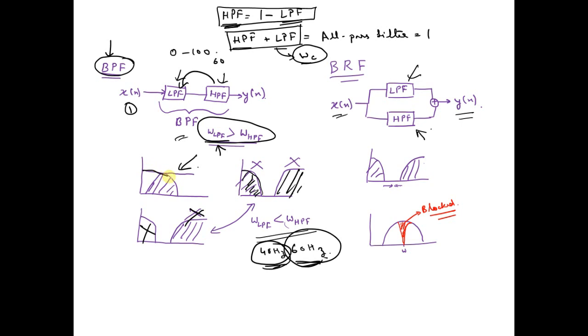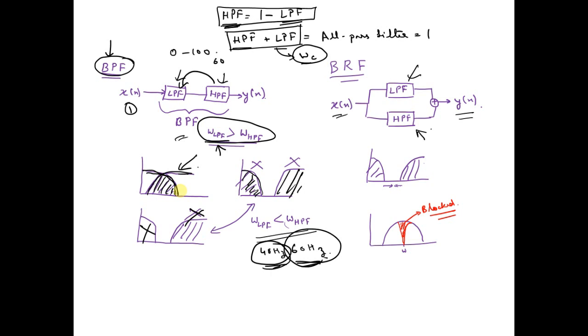Through the low pass filter you get this, and through the high pass filter you get this. The white part is rejected in both cases, and we only get this shaded region, which is the frequency region where the signal components can pass through, and thereby we are able to design the band pass filter.